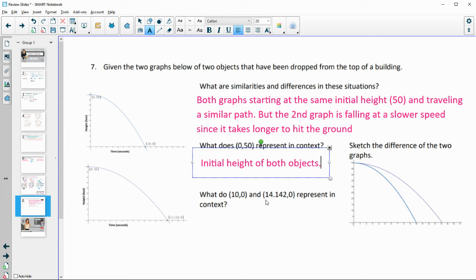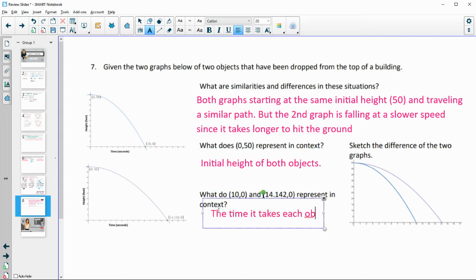And then what do 10, 0 and 14.1, 0 represent? This is the time it takes each object to hit the ground. The first object, like we said, took 10 seconds, and the second one took just over 14 seconds.